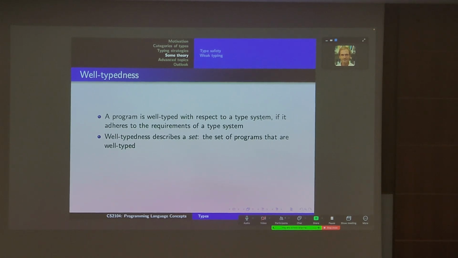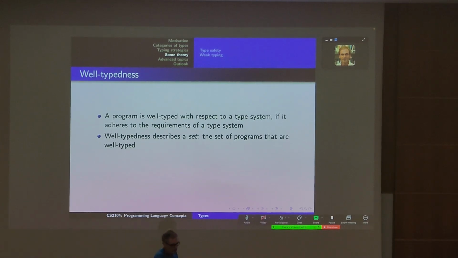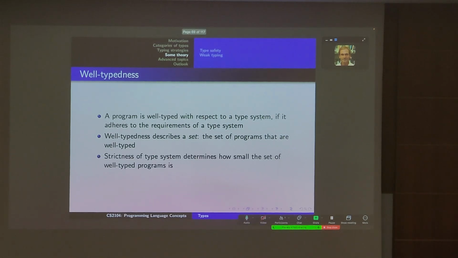So try to improve your program before you come back and try compiling again. So that's well-typedness. And the strictness of the type system determines how small that set of well-typed programs is. So the stricter the type system, the harder it will be to pass these tests.